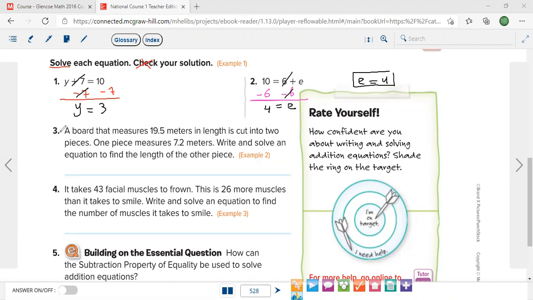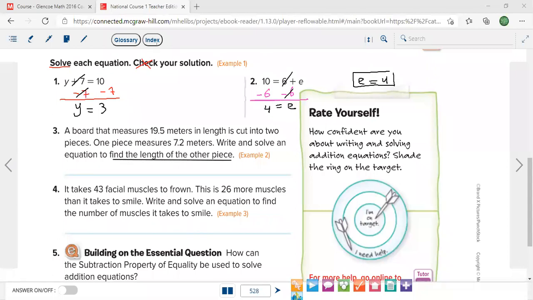In problem 3, a board that measures 19.5 meters in length is cut into 2 pieces. One piece measures 7.2 meters. Write and solve an equation to find the length of the other piece.